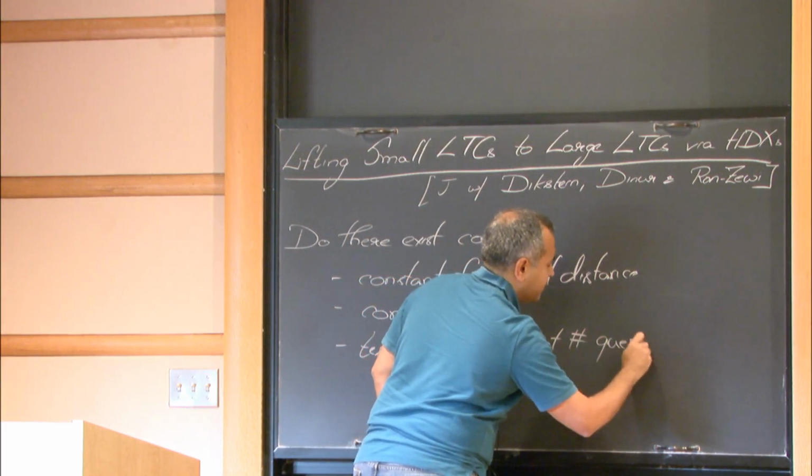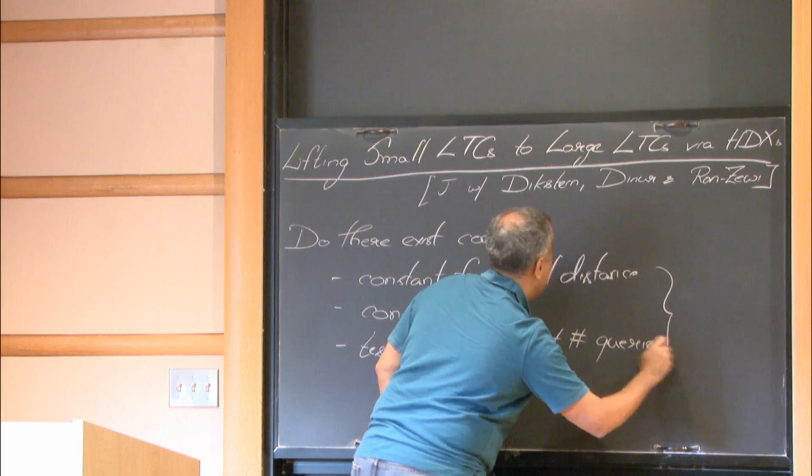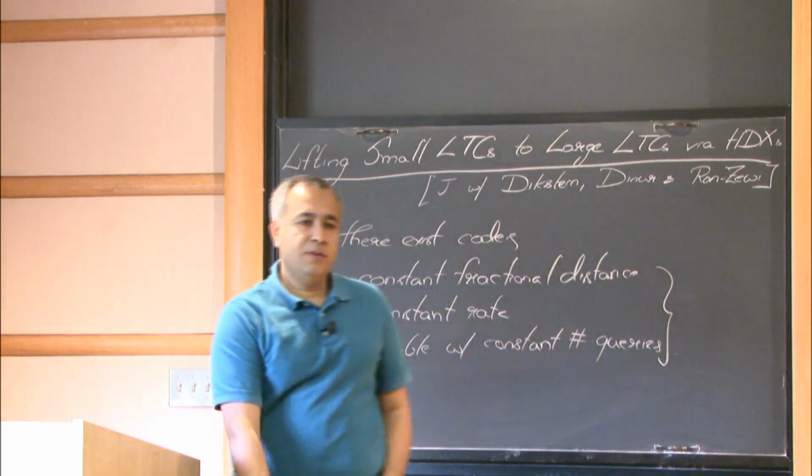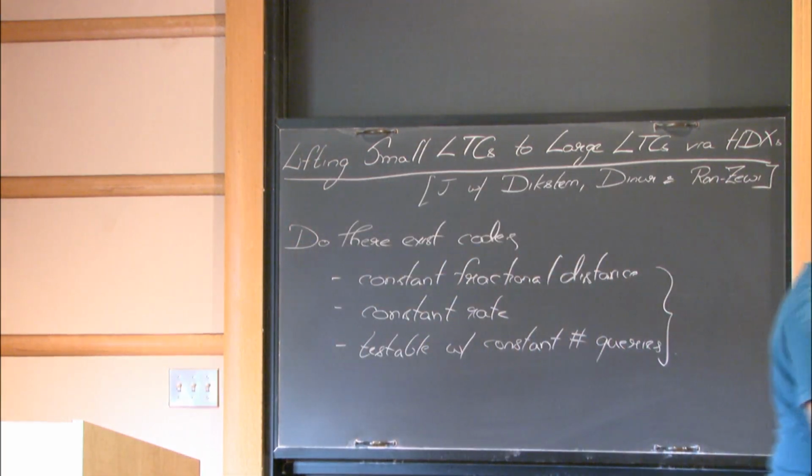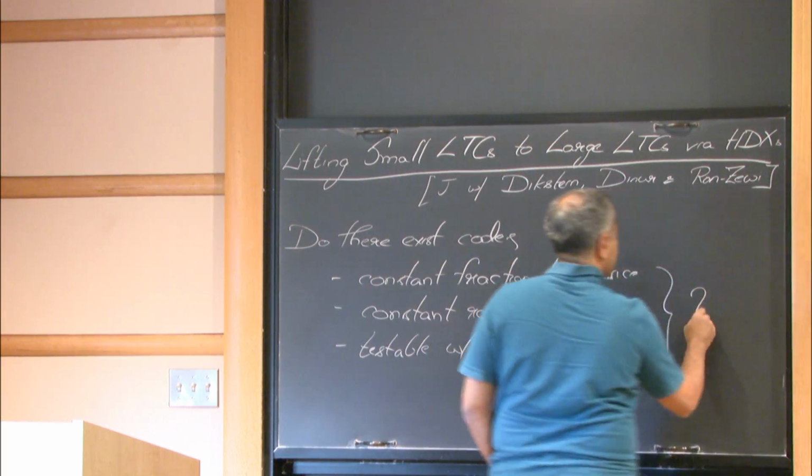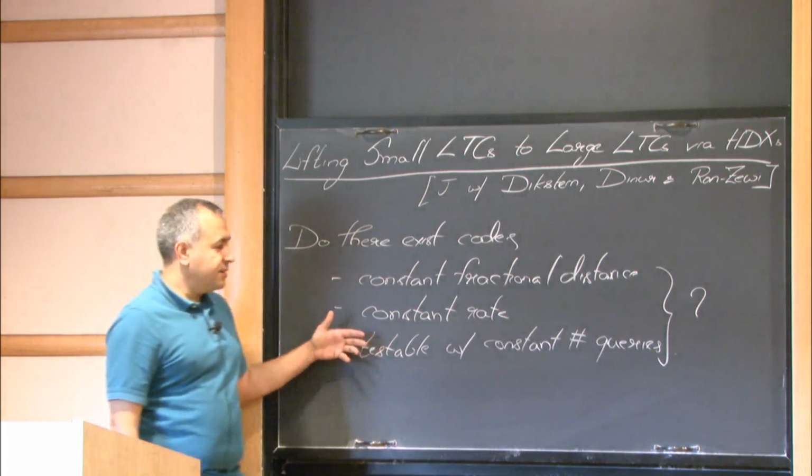I'll define formally what this means, and we don't yet have such codes. The whole talk is motivated by this question. We want to know if there exist codes which have all these three properties.